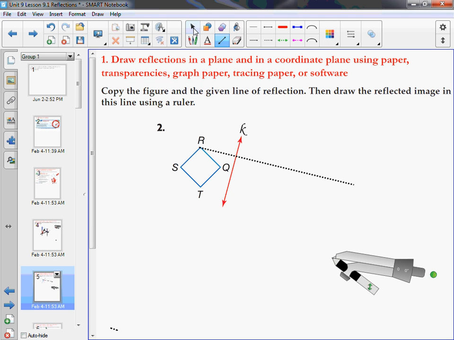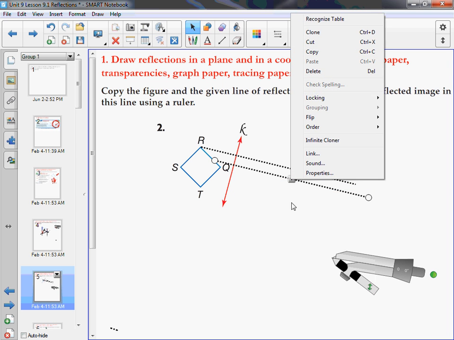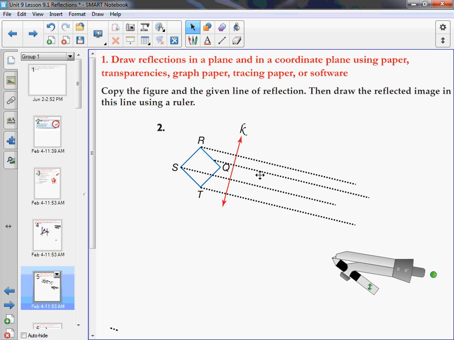All right, now, like I told you before, since your dotted lines are supposed to be perpendicular to the line of reflection, they should be parallel to each other. So, when we're finished making our dotted lines, they should all be parallel to each other.